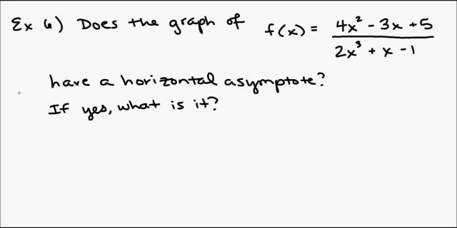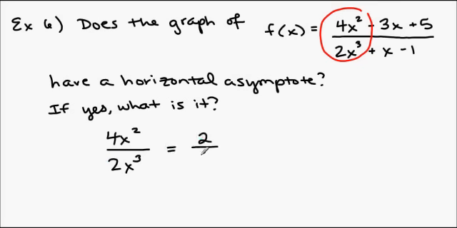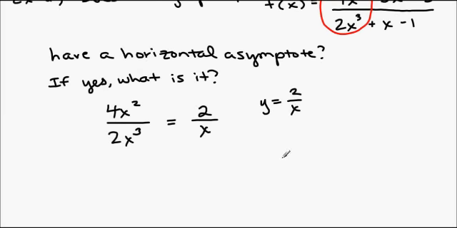So the end behavior of our graph, remember our shortcut that we just learned. We have 4x squared over 2x cubed. So this is 2 divided by x. And since the graph overall behaves like y equals 2 over x, let's find the limit of this as x goes to infinity.